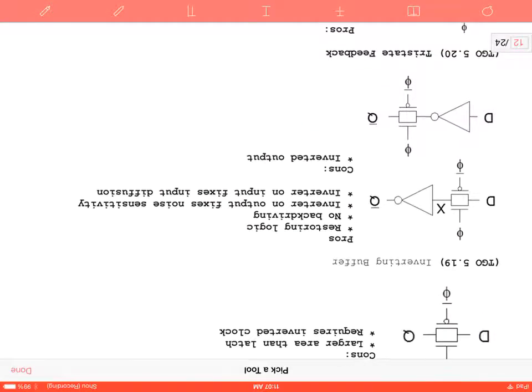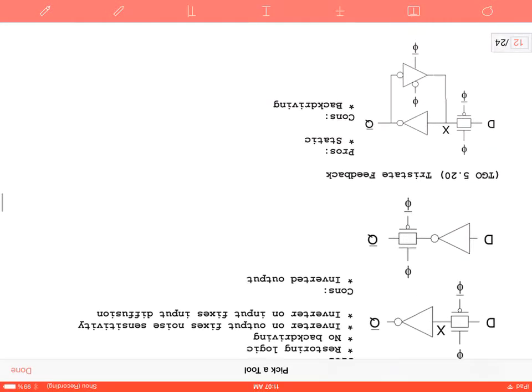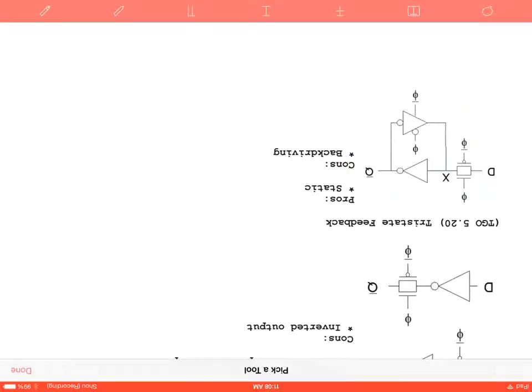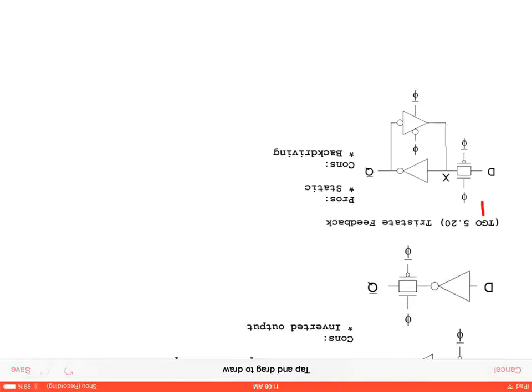Then we added a buffer to try to do the restoring logic and fix the noise sensitivity on the output or input diffusion. So then we're going to go over this concept of tri-state feedback. And a capacitor holds a value of a certain amount of time. So what happens if phi is 1? If phi is 1, that means phi bar is 0. That means both of these transistors are off.